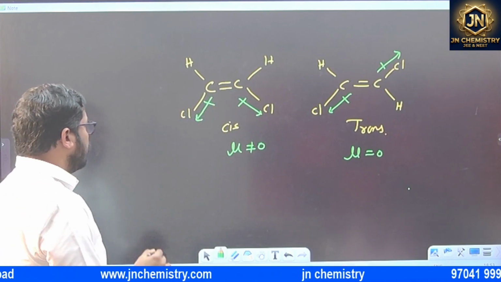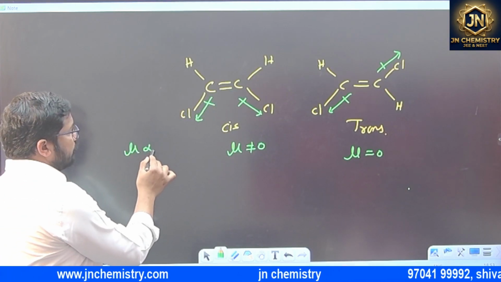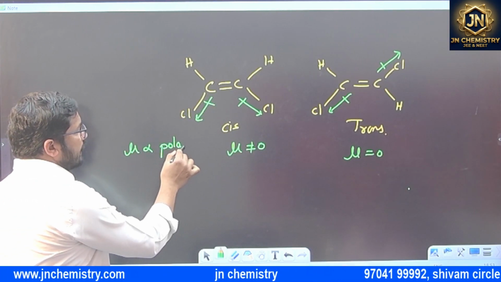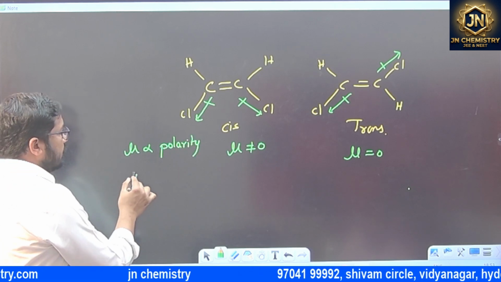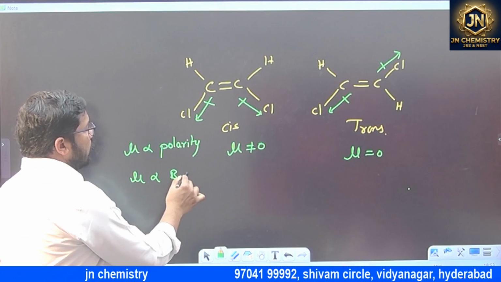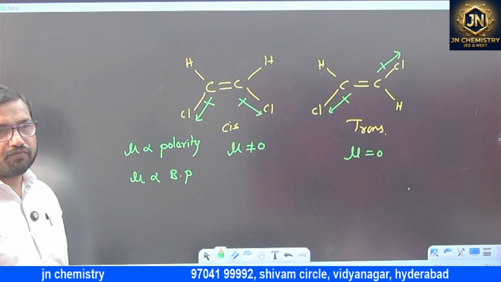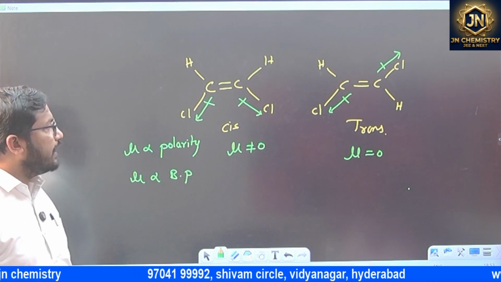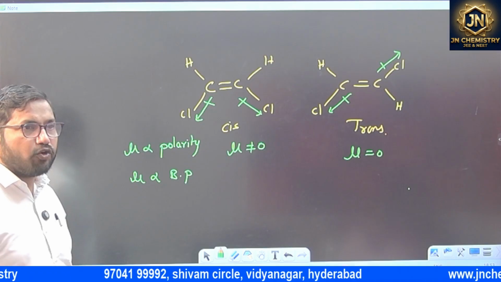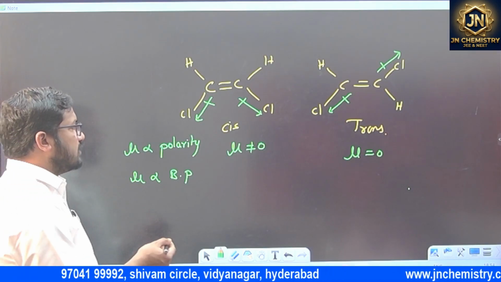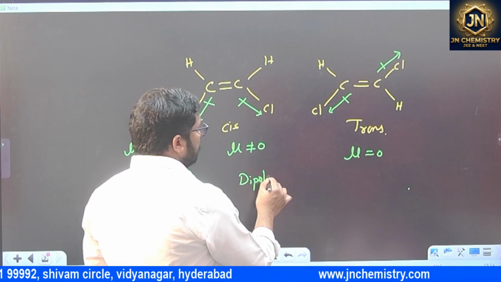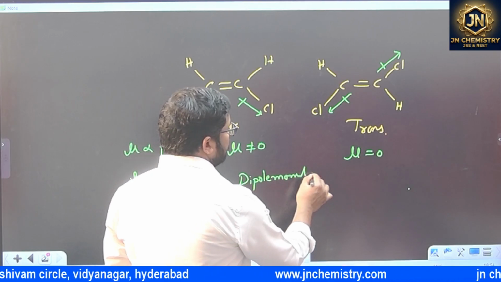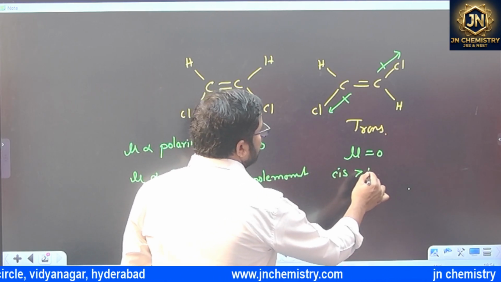I told you dipole moment is directly proportional to polarity. Dipole moment is directly proportional to boiling point. Now let me know which has the higher boiling point? Cis. So dipole moment, cis is greater than trans.